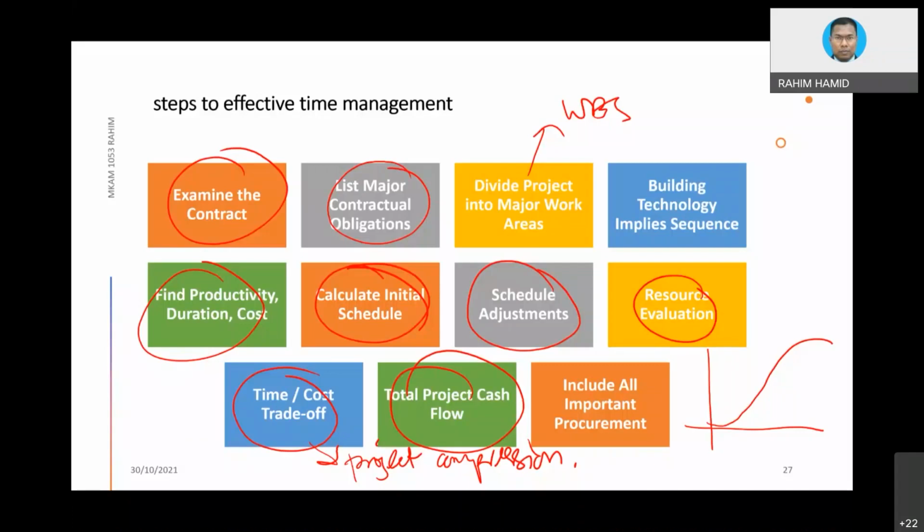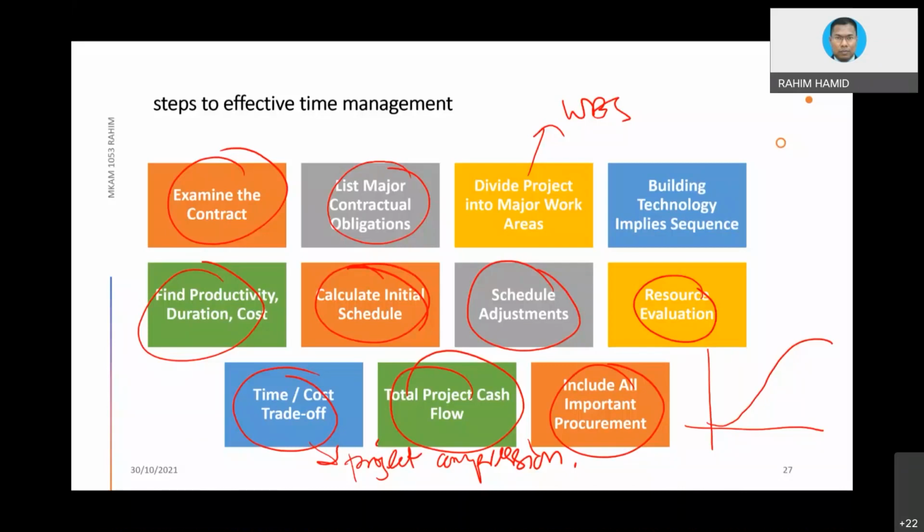Include all important procurement. Procurement means we secure material, machines, and so on. Sometimes procurement is the issue. Nowadays, in the COVID situation, the materials are not there because a lot of factories, either in Malaysia or overseas, cannot get raw material because many people do not come to work because of the SOP constraints.